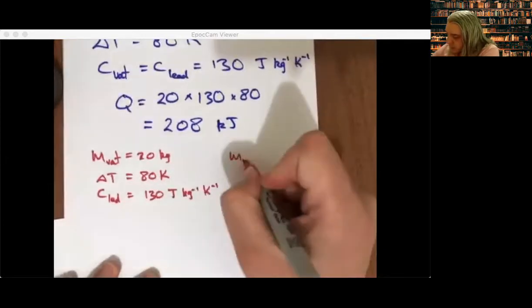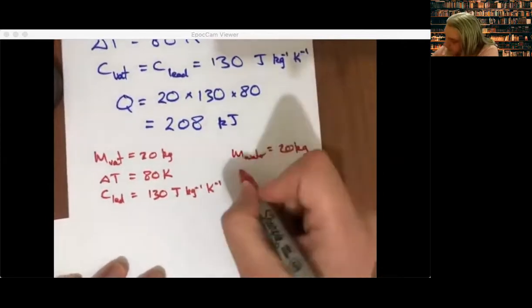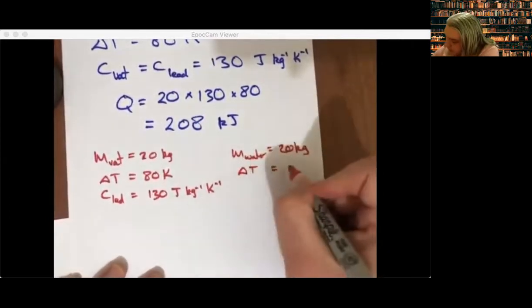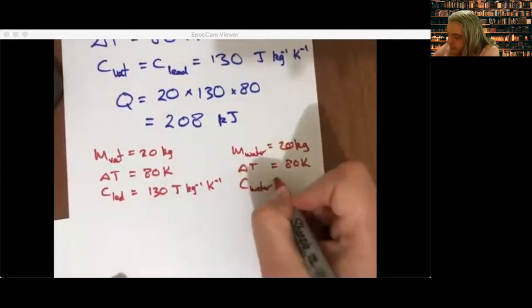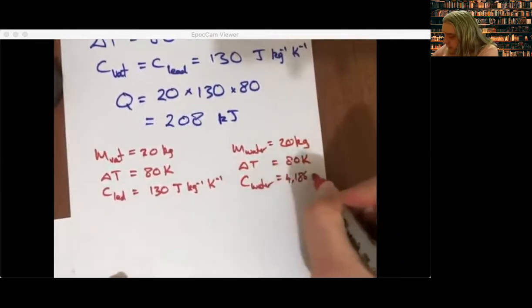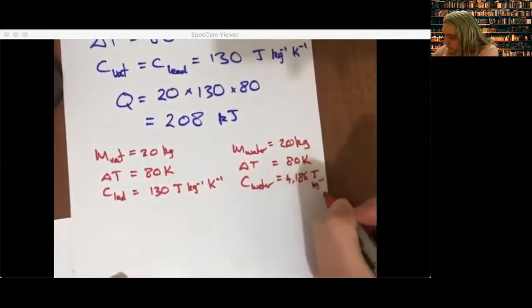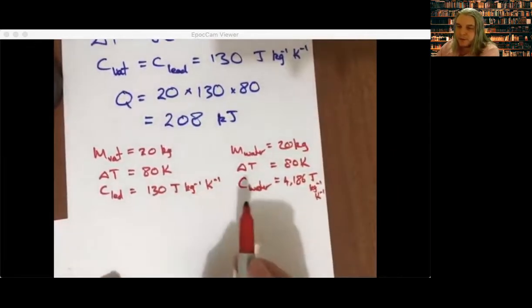So m water is also 20 kilograms. We've got delta T for water is the same, 80 Kelvin. And C for water, which you may start to memorize because we use it quite a lot, 4186 joules per kilogram per Kelvin. So we've now got both of these to consider.